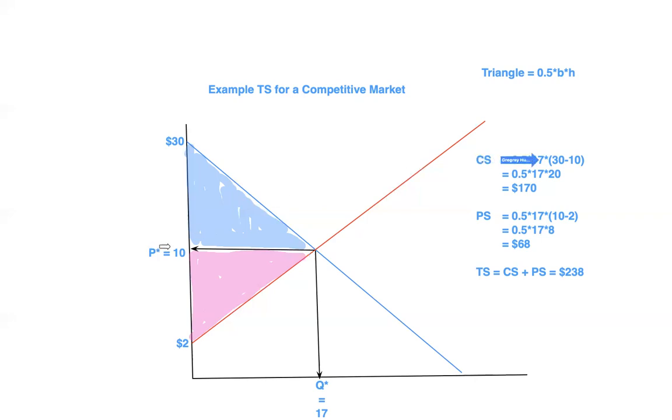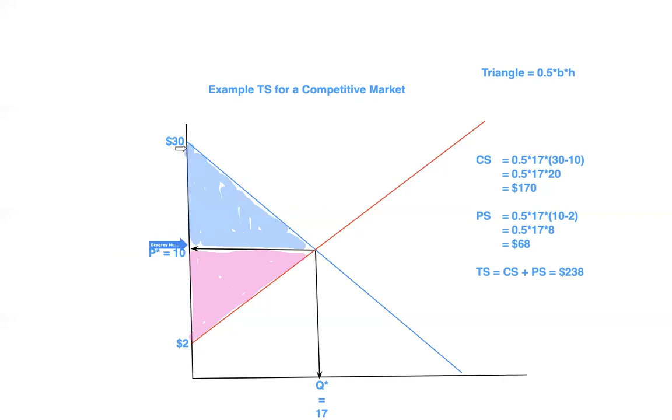And then notice the vertical distance for consumer surplus is the distance between where the demand curve hits the vertical axis, that's the vertical intercept of the line, and I labeled it as 30, and the equilibrium price. So the vertical distance is from 30 to 10 on the vertical axis.